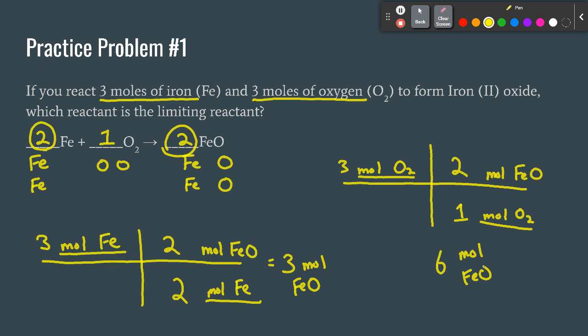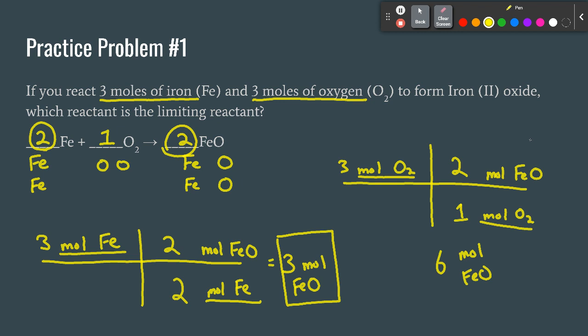Now we have to compare. Which one produces the least amount of iron oxide? Or if we relate our analogy back to the cheeseburgers, which ingredient makes the least amount of cheeseburgers? Because that's what we run out of first. And in this case, we run out of our 3 moles of iron first, because we made 3 moles of iron oxide.